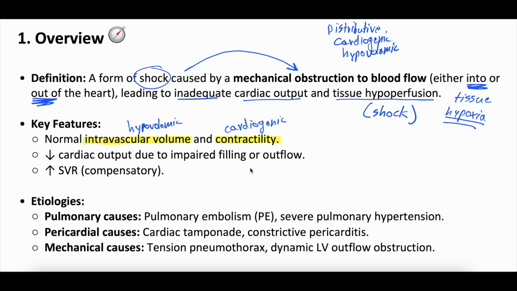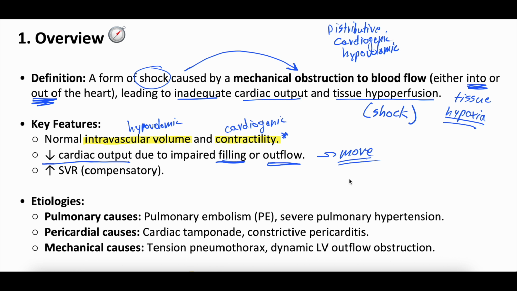Obstructive shock is when there is that blockage of either blood flowing into the heart or blood flowing out of the heart. And that causes a decrease in cardiac output. The contractility of the heart's normal, but the cardiac output still suffers because there's impaired filling or impaired outflow. And we're going to get more into this, and it'll start to make more sense, we promise, as we go through here.